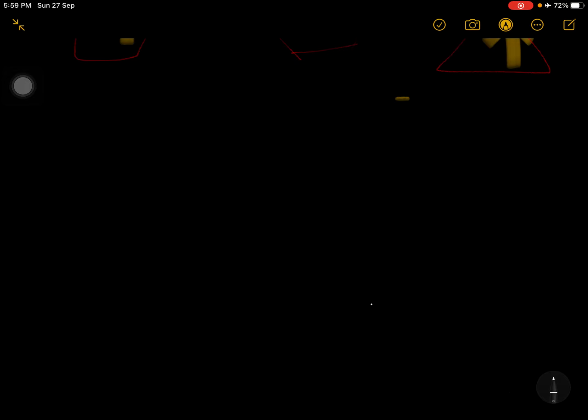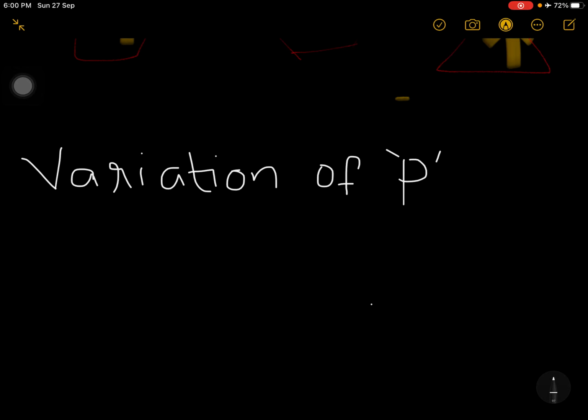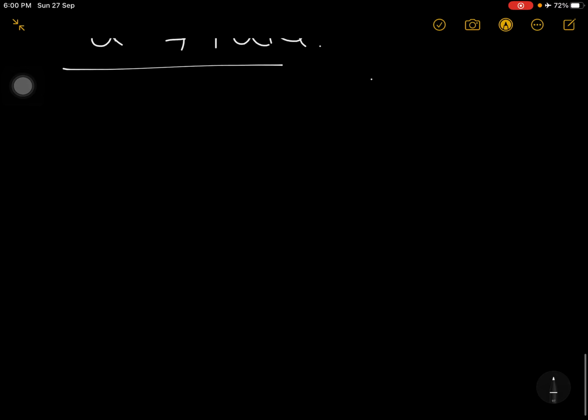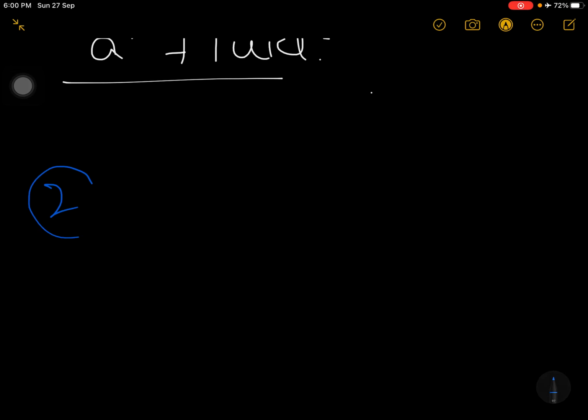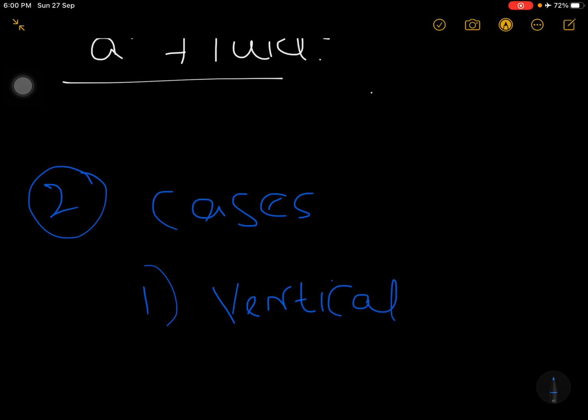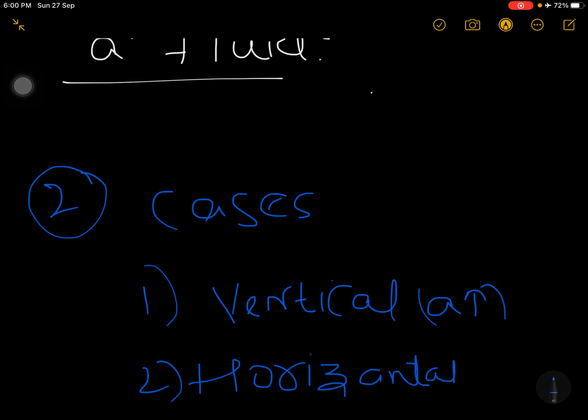Next, variation of pressure in accelerated fluid. Here also there will be two cases. The first one is vertical acceleration, and the second one is horizontal acceleration.